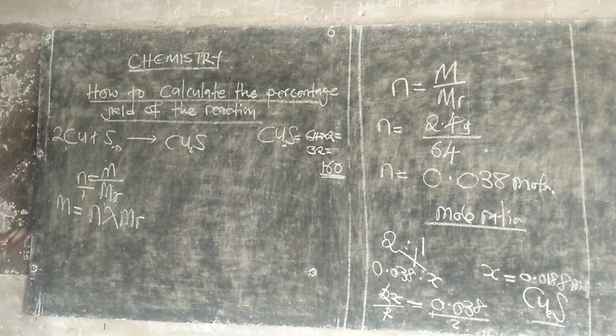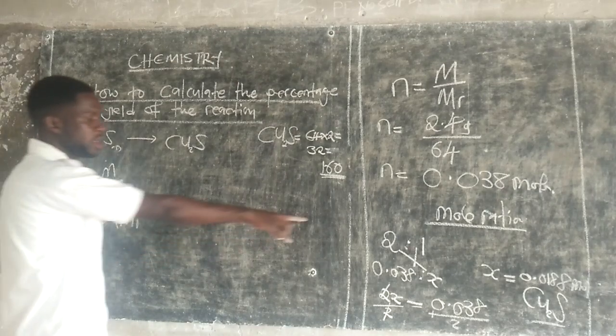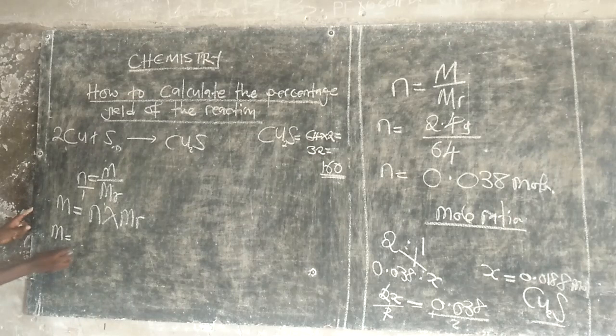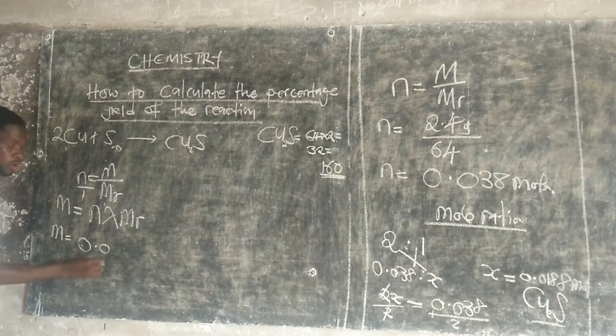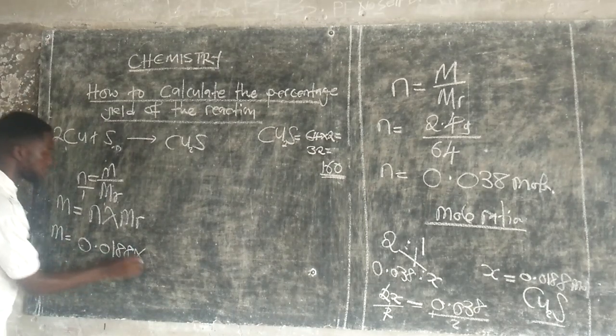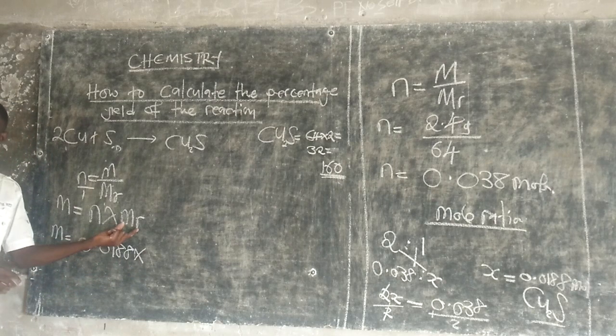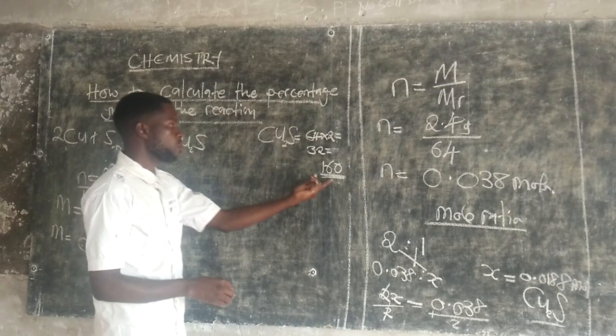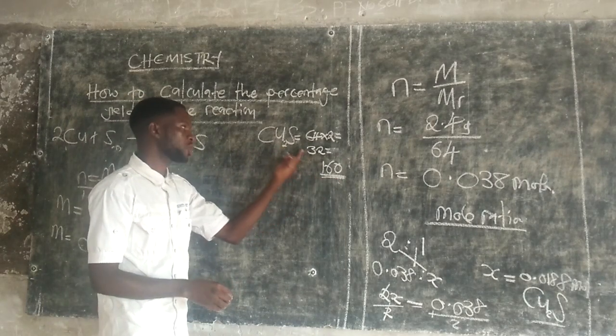Okay, so from there, mass is equal to the number of moles, which is 0.0188, then multiplied by the molar mass or the relative formula mass for copper sulfate, which is 160 when you calculate.